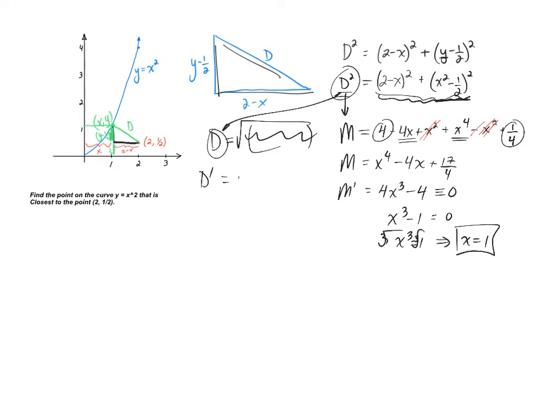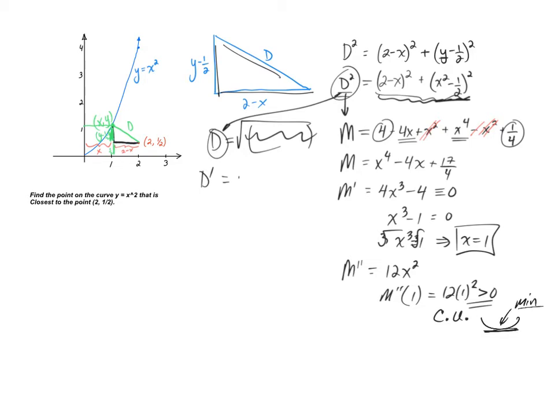So I'm going to do the second derivative test. m double prime is 12x squared. And of course, m double prime evaluated at 1 would be 12 times 1 squared, which of course is greater than 0. So that means our function is concave up because we have a positive second derivative, and yet the slope is 0, so that represents a minimum.